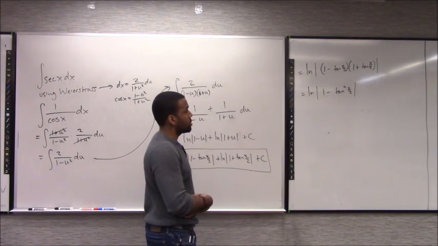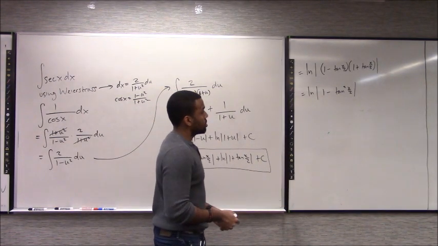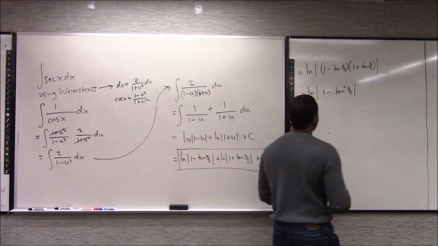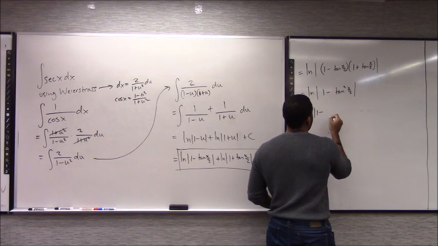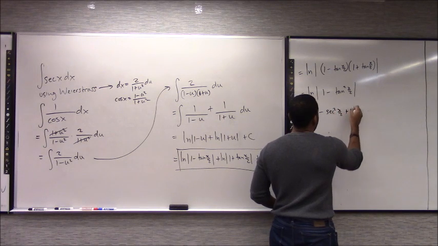Could you change tan squared x to secant squared x minus 1? So that would be secant squared of x over 2 plus 1 at the end of the day.